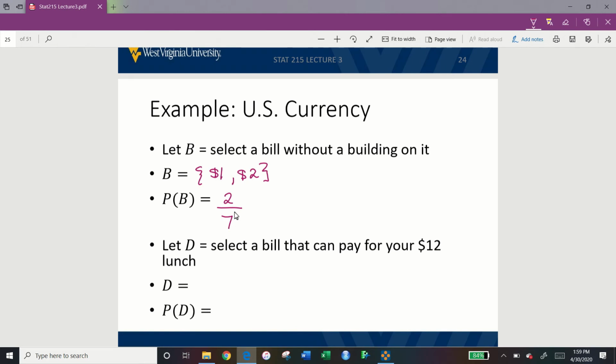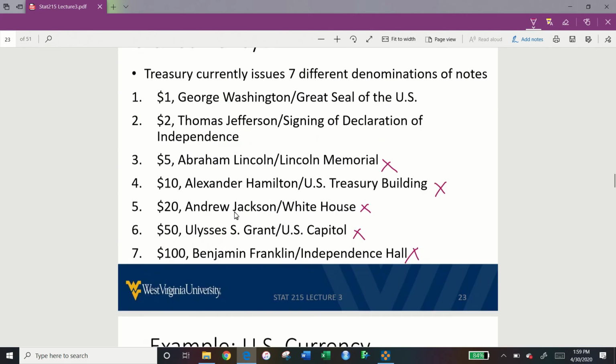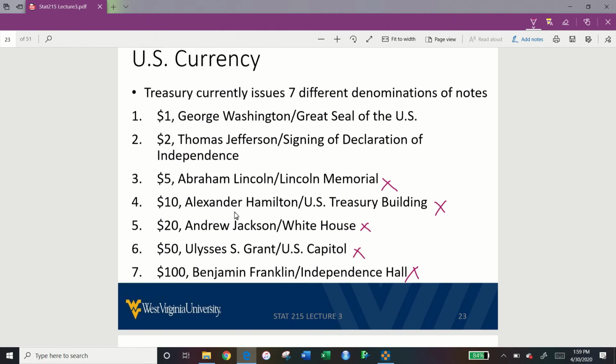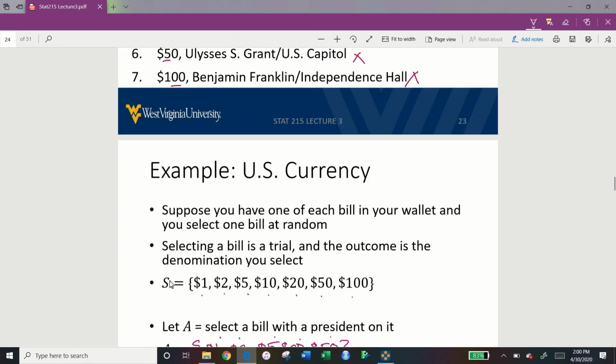Let's do D. We want to select a bill that can pay for your $12 lunch. The way I'm interpreting that is, if you go to the cashier and they say your lunch is $12, you want to hand them a single bill, not multiple. So I'm going to say it needs to be a bill greater than 12, which in this case would be the $20, $50, and the $100 bill.